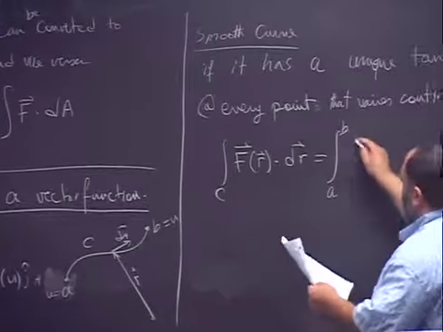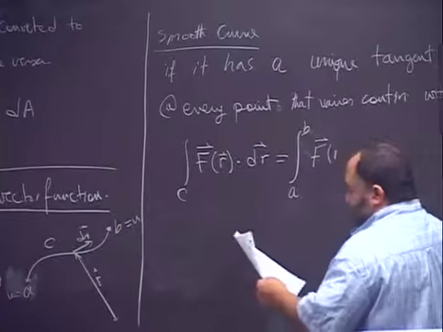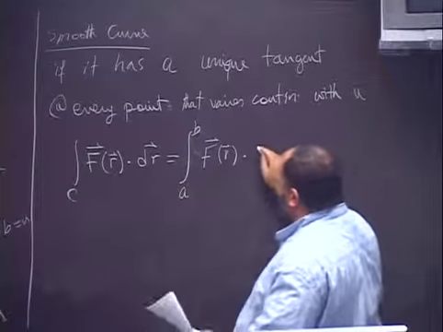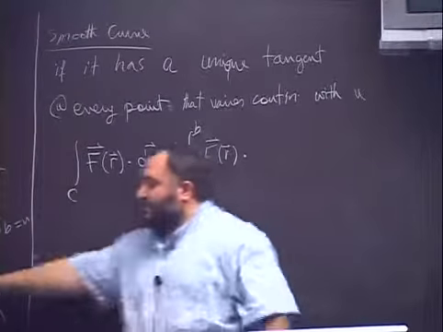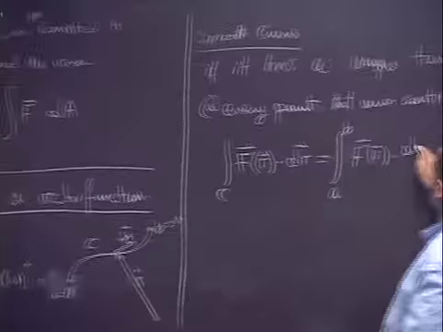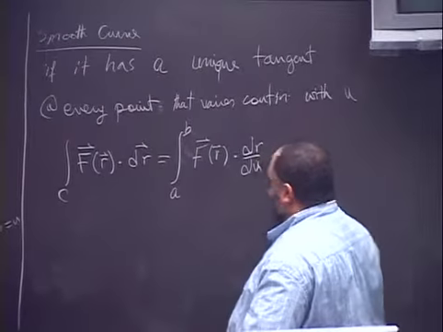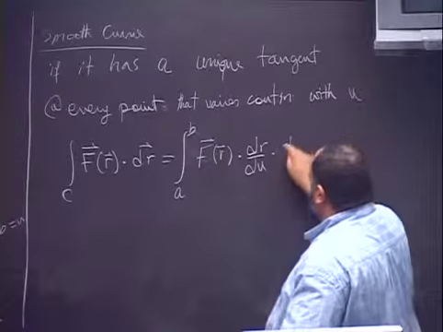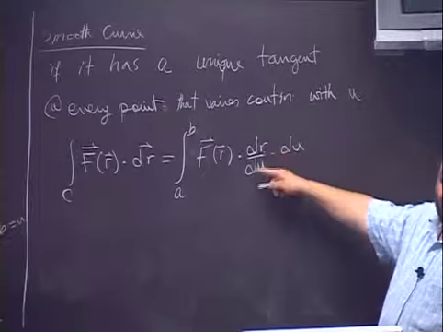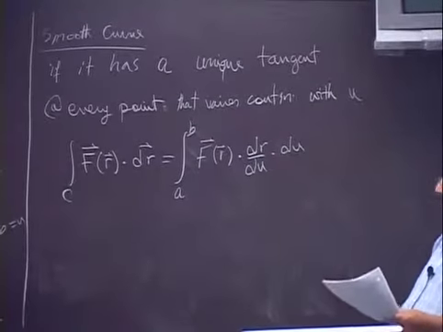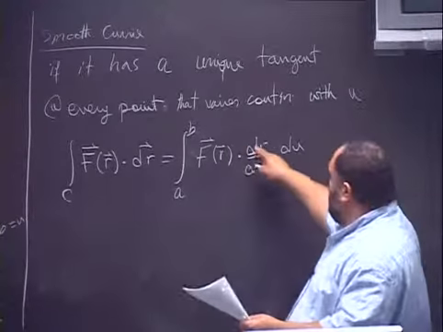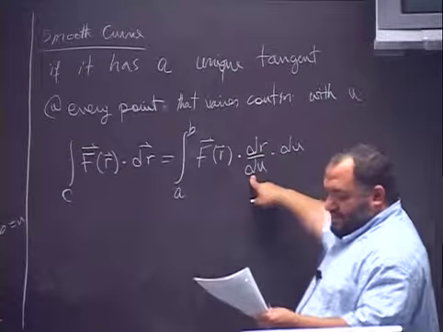So from A to B, the function is a function of r, and I can dot this with dr, but r, the curve, is parametric in u. So I have to use the chain rule: dr by du multiplied by du. If you cancel both, this will give you dr. But what's f of r multiplied by dr by du?